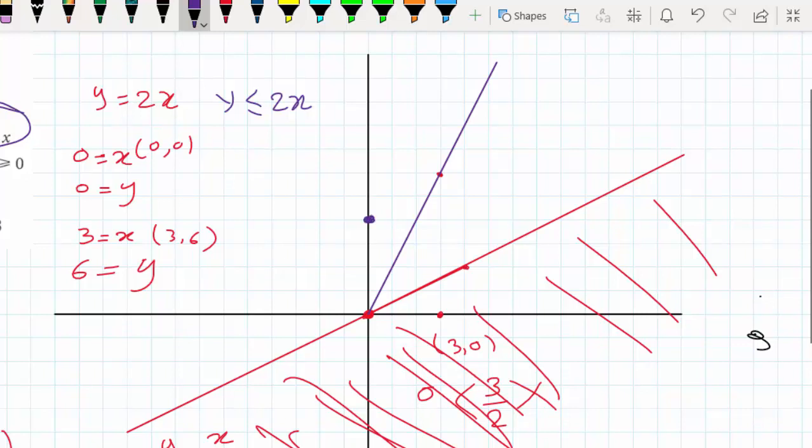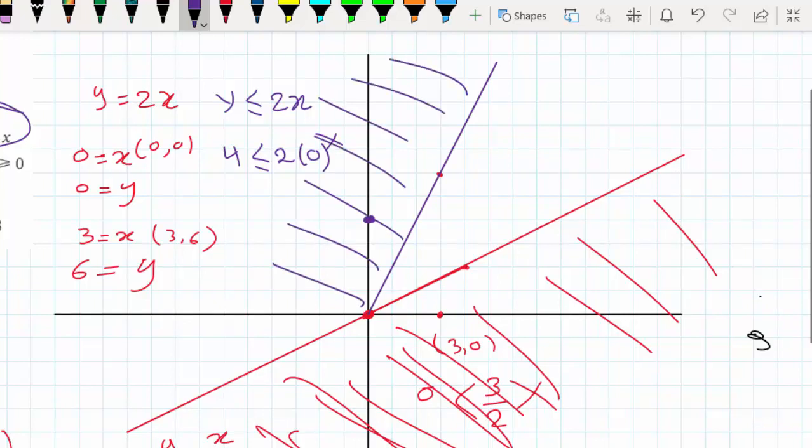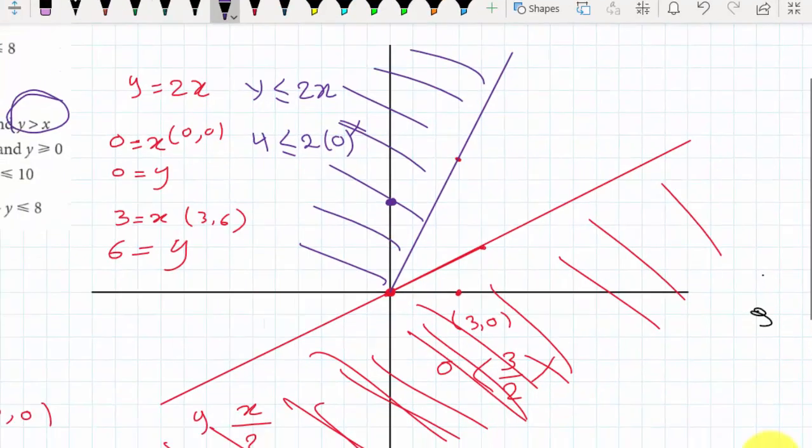The coordinate of this point is the x is 0 and the y is 1, 2, 3, 4. So I'm going to put 0 in place of x. 4 is less than or equal to 2 times 0. Is 4 less than 0? No, it didn't satisfy, so this side, because it didn't satisfy, it should be shaded. Now the unshaded section so far is here.